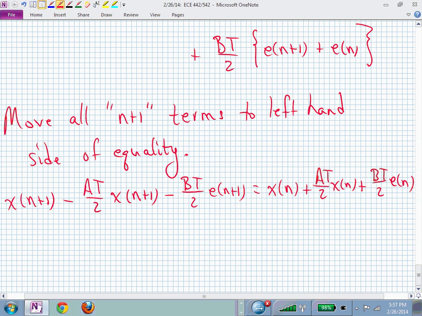Well, this is somewhat like that, but now it gets a little more interesting because I want to split my sample period into two pieces eventually, and one piece will be on the input side and one piece will be on the output side. So I want to not only say this is w, but it's scaled by the square root of capital T. So I'm going to call this mess a new variable, the square root of capital T times w of n plus 1.